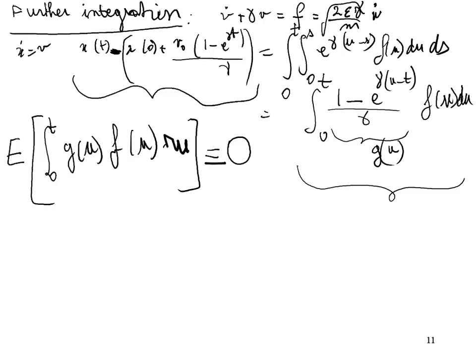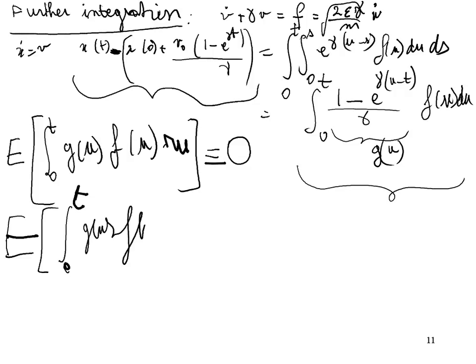So for this we need to calculate the expectation of the integral from 0 to t of j of u, f of u du, and then we want everything squared.